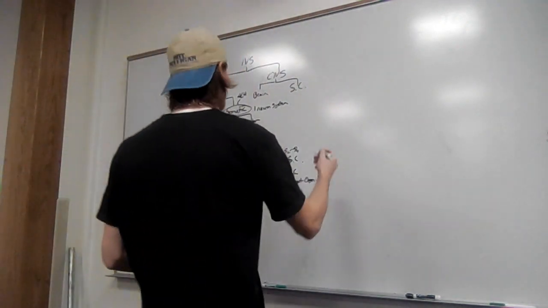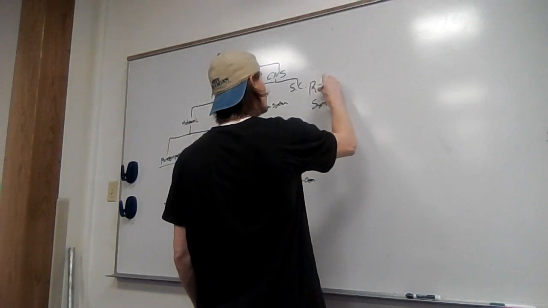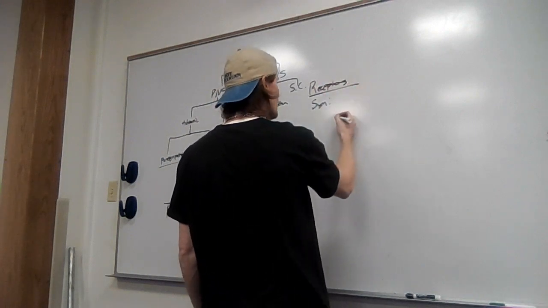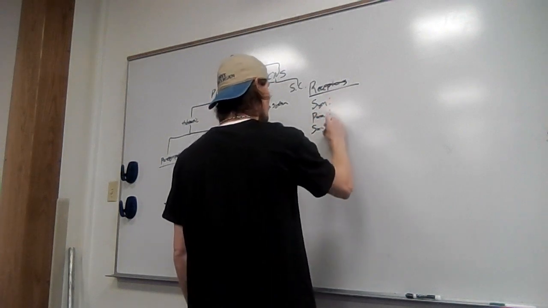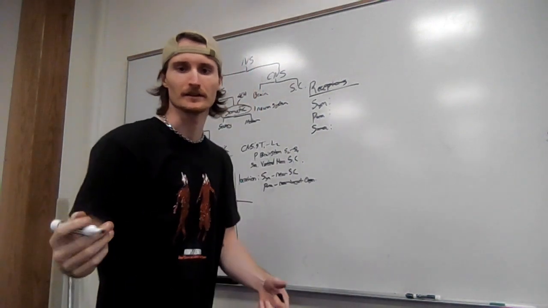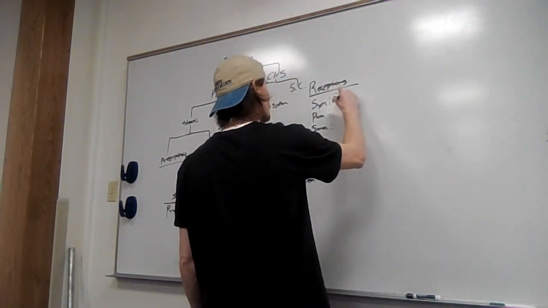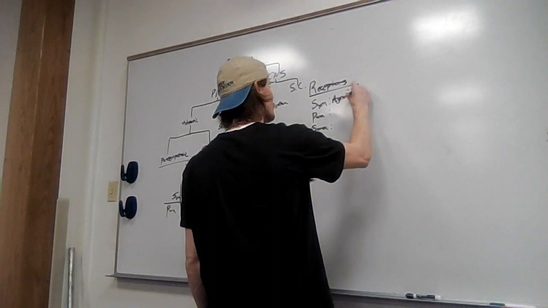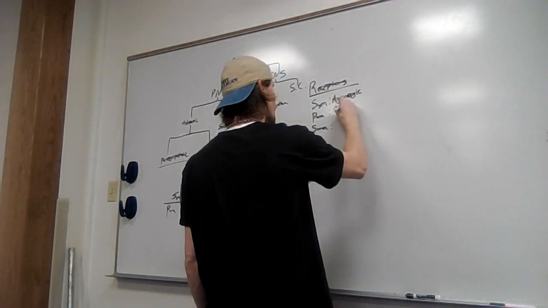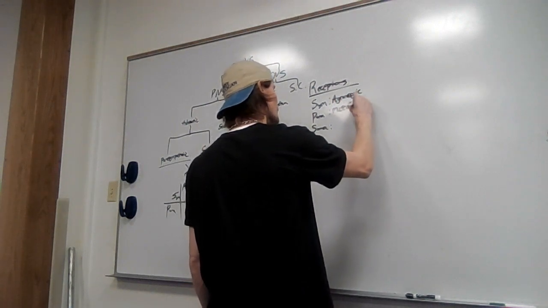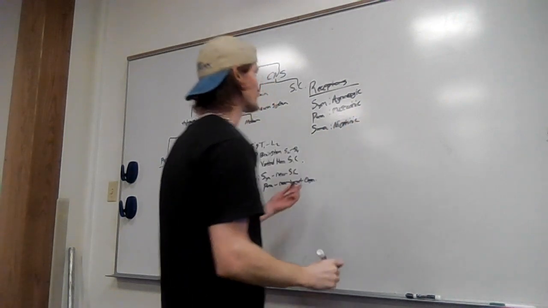The types of receptors and the actions of the receptors. For sympathetic, para, and somatic: sympathetic has adrenergic receptors, parasympathetic has muscarinic, and somatic has nicotinic receptors.